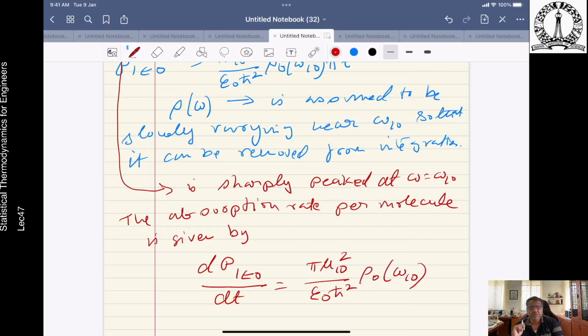This is the absorption, and it is sharply peaked. In order to derive an expression for the absorption coefficient in terms of the transition dipole moment, this equation, which we call equation 2, needs to be compared with the other equation now.